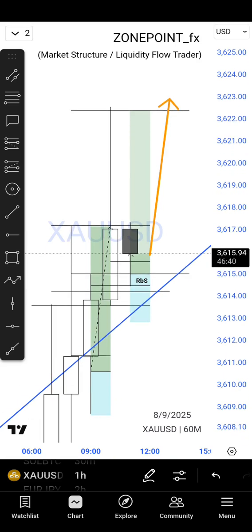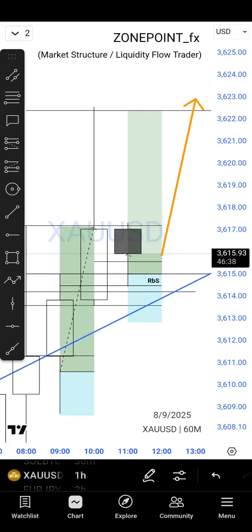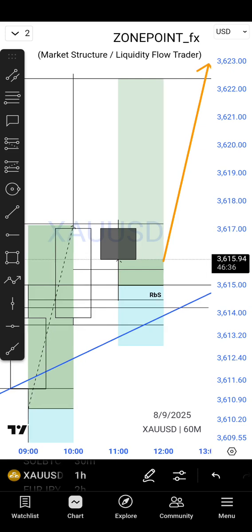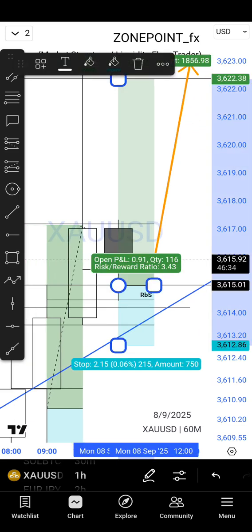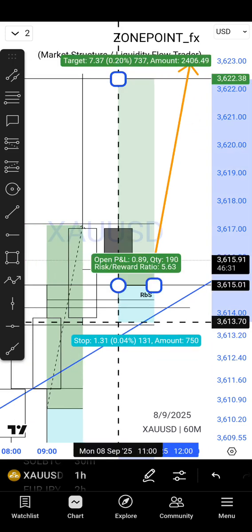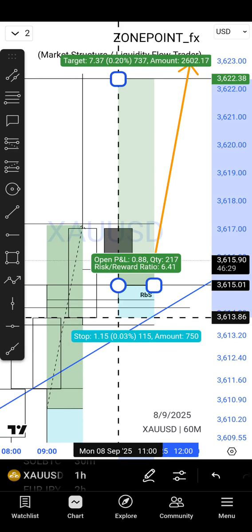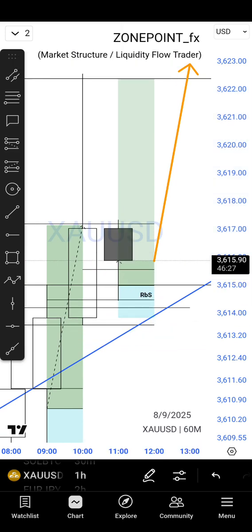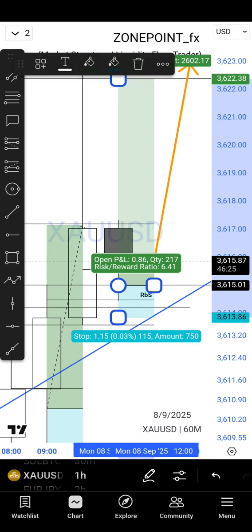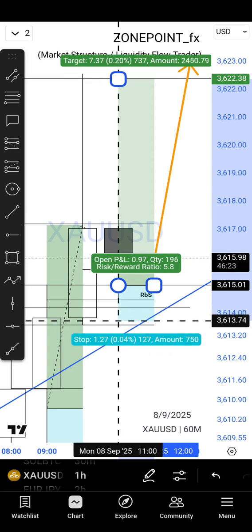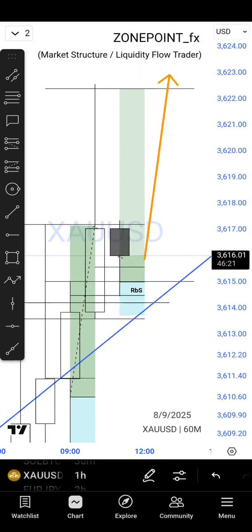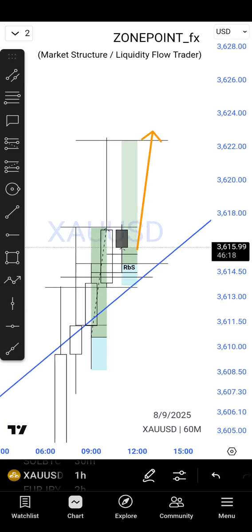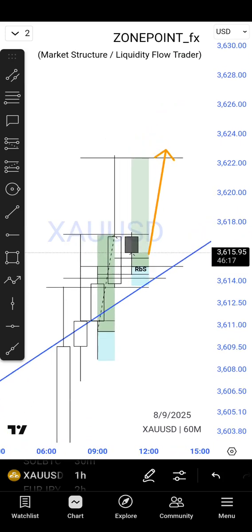You can see this RBS that we marked on 15 minutes. You can see that that is where price is acting from. So this already gives us strong enough confirmation, and we can tighten our stop loss to this level here, and wait for the market to give us our buy profits.